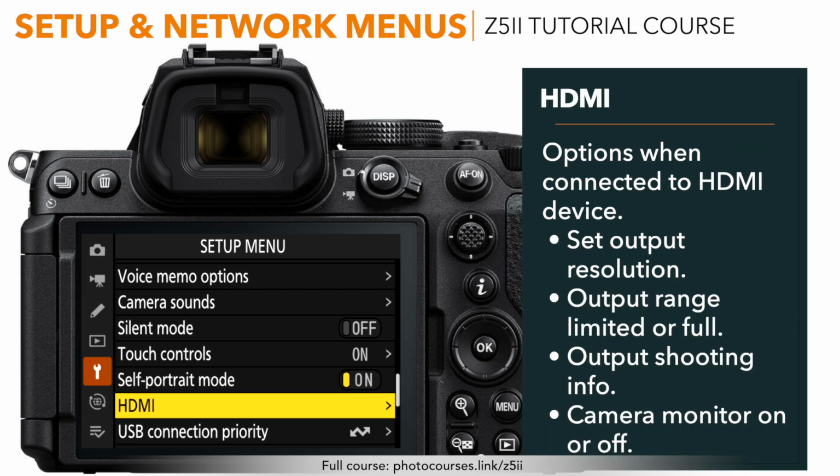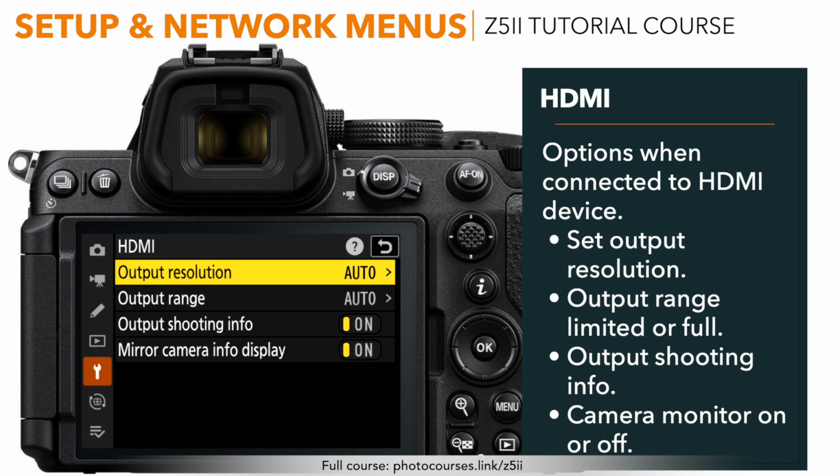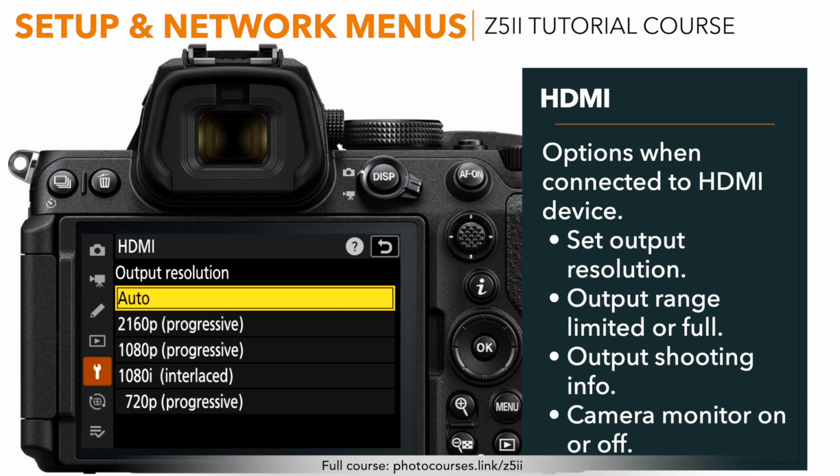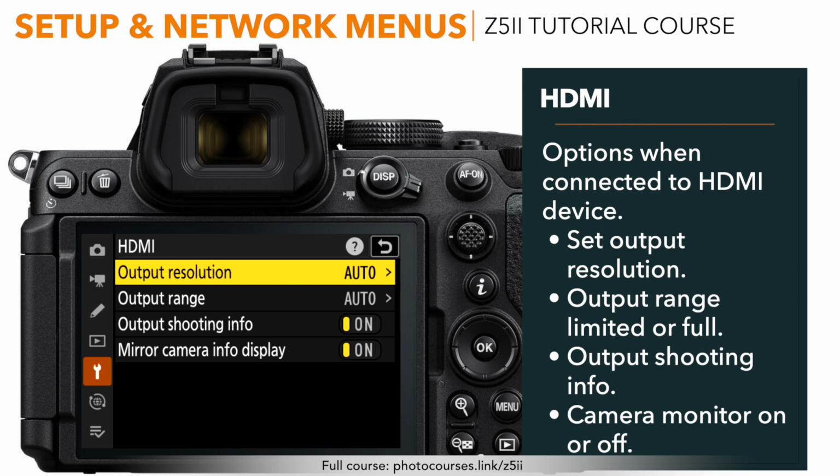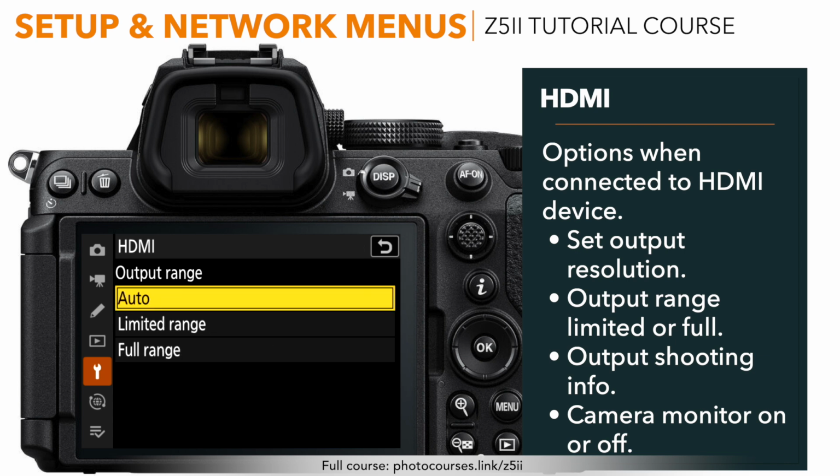If your camera is connected to an HDMI device, you have some options for that. Under HDMI, you can set the resolution of video signals sent to that HDMI device. The camera is going to choose that for you if set to auto. The output range is going to set the tonal range sent to the HDMI device, and that's going to vary depending on the HDMI device that you have.